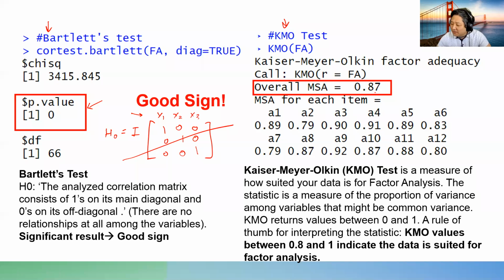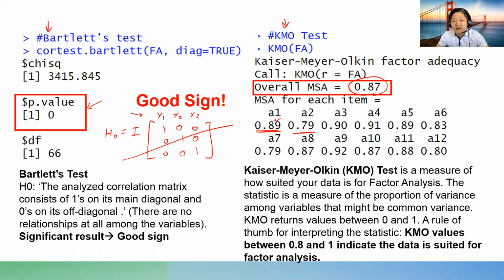Next, you can evaluate the KMO, which is the common variance of each variable. For example, this is 0.89. What does it mean? 89% of the total variance of this item is explained by the common variance. This one is 79% common variance.